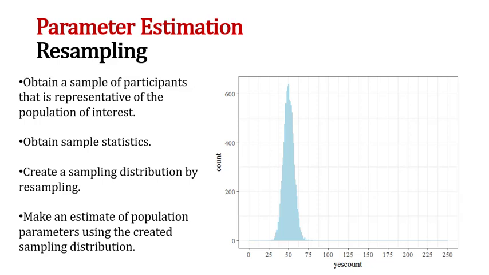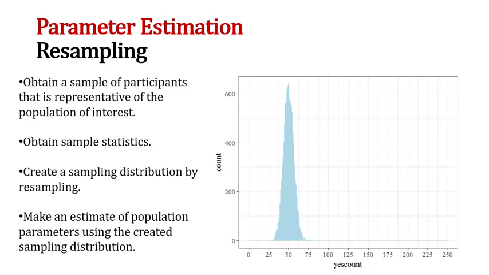In the traditional approach, we use the sampling distribution. In the Bayesian approach, we use the posterior distribution, and in this approach you are going to use the distribution that comes from resampling.